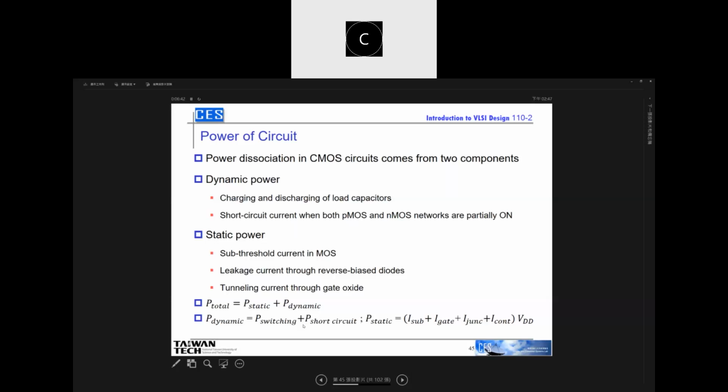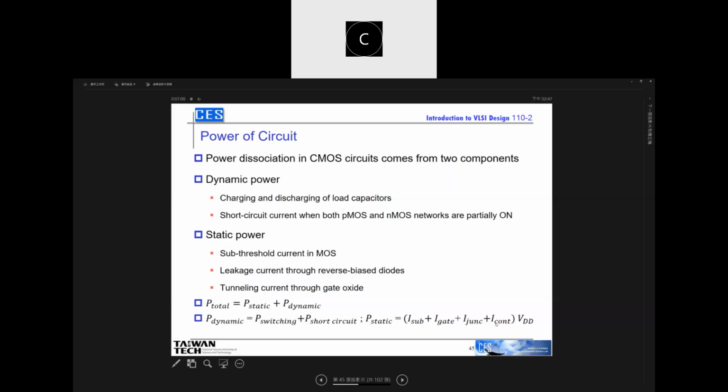On the right-hand side, you can see that P static, which is the static power consumption of the circuit, equals the sub-threshold leakage, junction leakage, tunneling, and several other sources, times VDD, the supply voltage. We will show the detail later on.